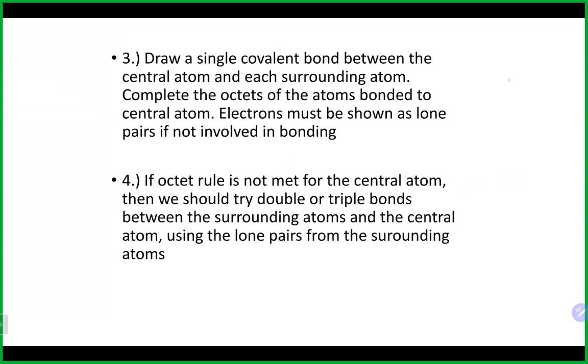So start with the center atom and make one single bond from the center atom to each of the outside atoms. Again, we're not going to double bond or triple bond out of the box. You're just going to make single bonds. Remember that each of those lines represents 2 electrons. So for example, we would have used 2, 4, and 6 electrons here.